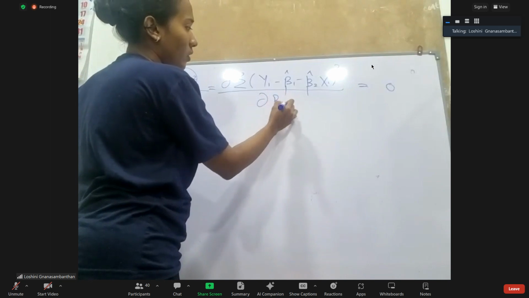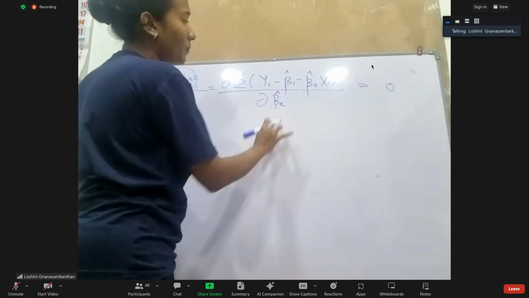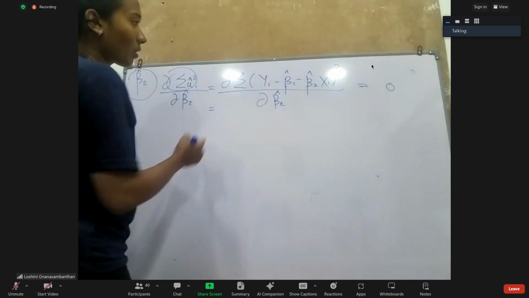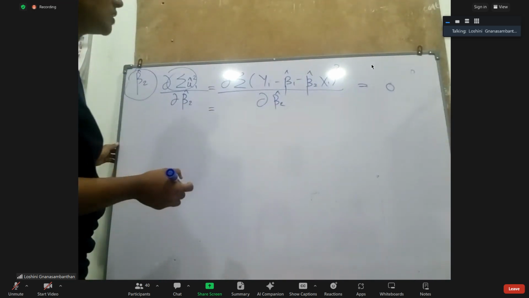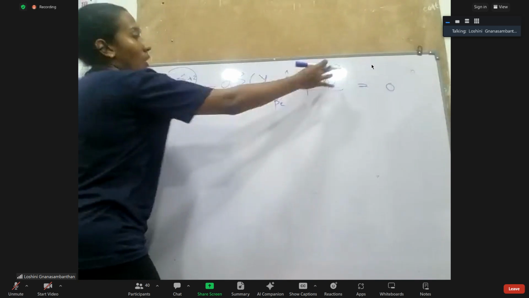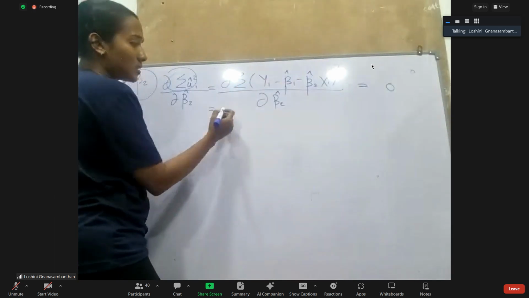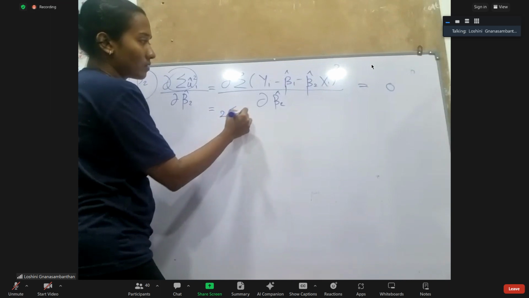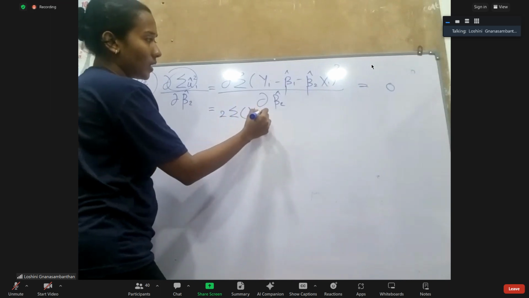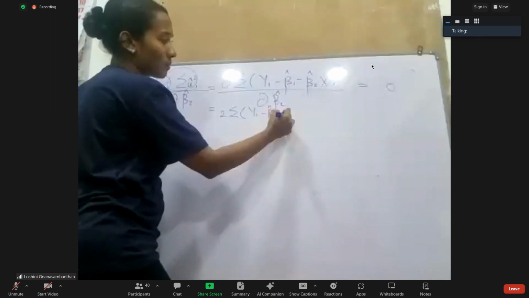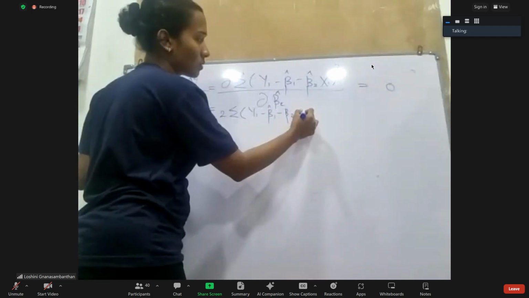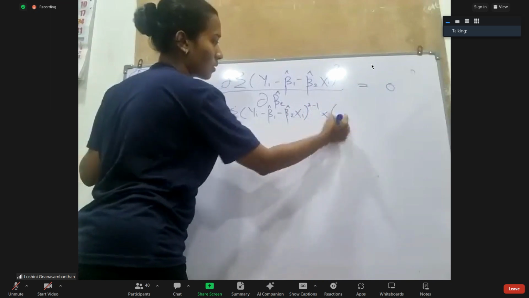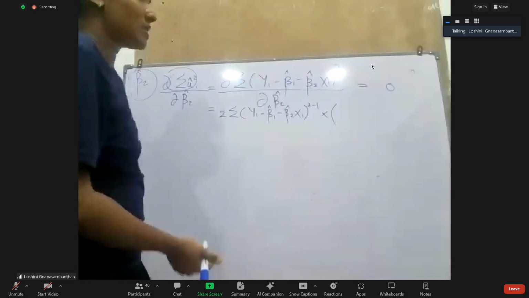Make the partial derivative for beta 2 hat. Same thing, the function we have to solve first. 2 sigma yi. Okay, now solving the inside function.